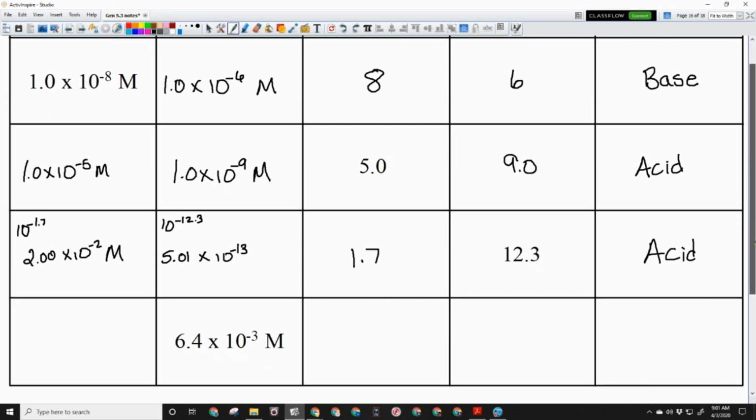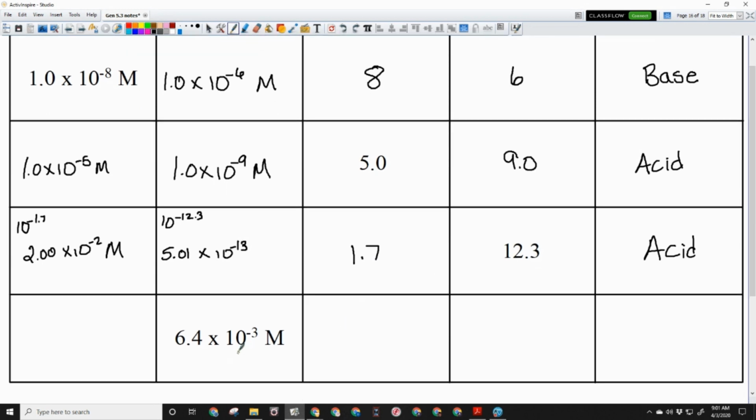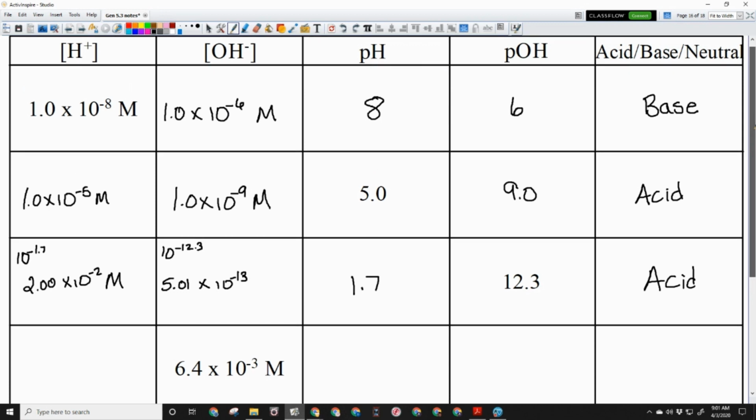easy peasy. All right, so for our last example, we have 6.4 times 10 to the negative 3. So we need to calculate pH. Okay, so this column is pOH and pH. All right, so remember, negative log of the hydroxide ion concentration gives us pOH.